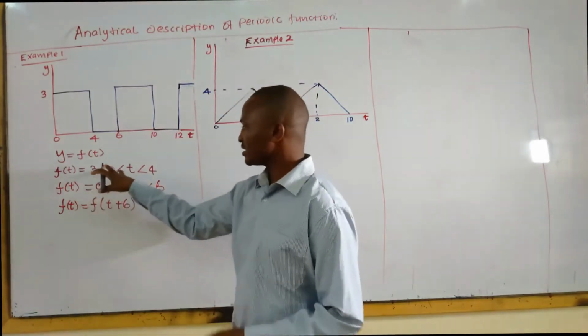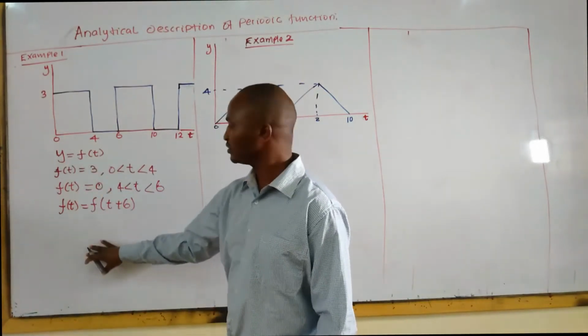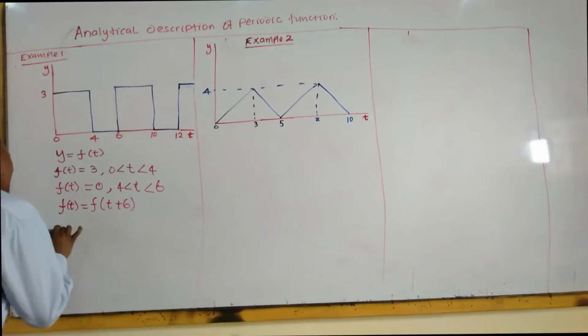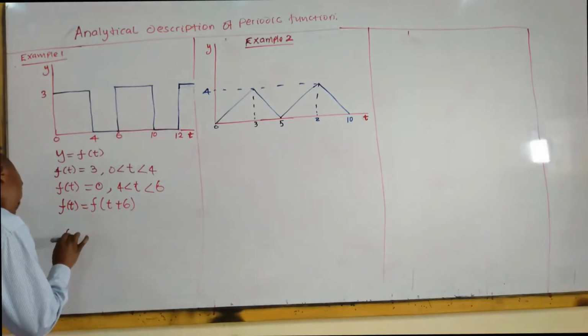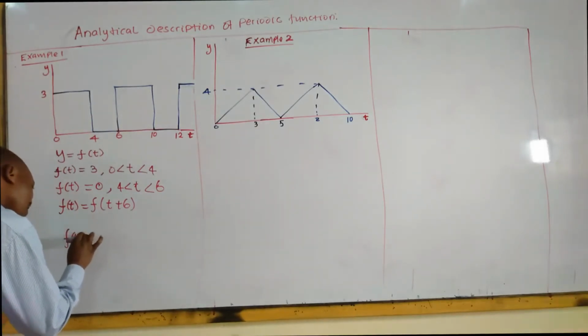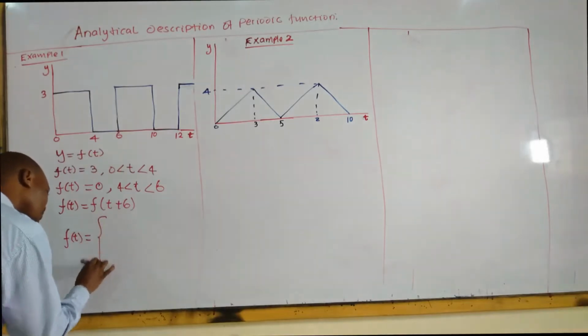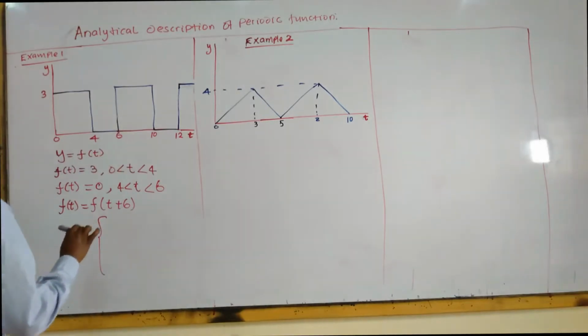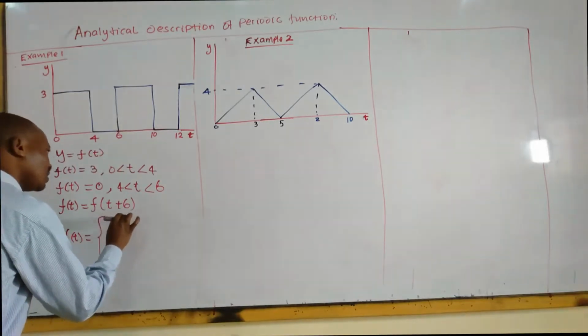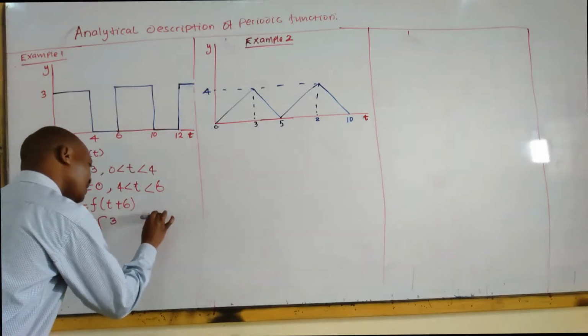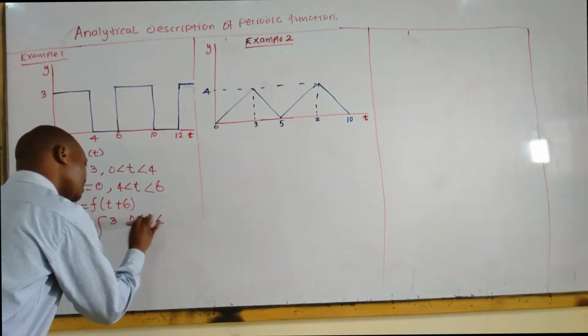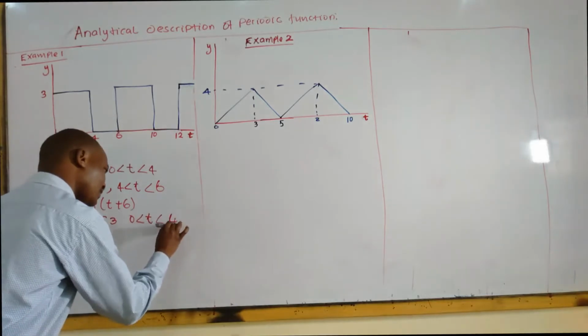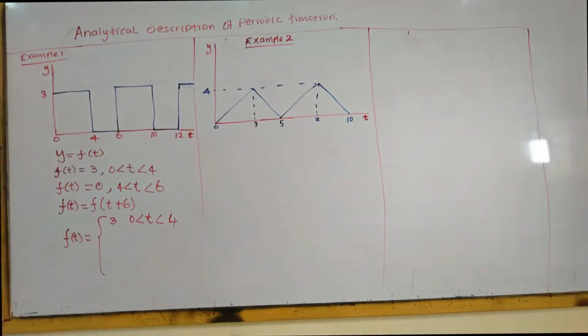We can summarize all this information. We can say function of time is now equal to 3 for t between 0 and 4 seconds.